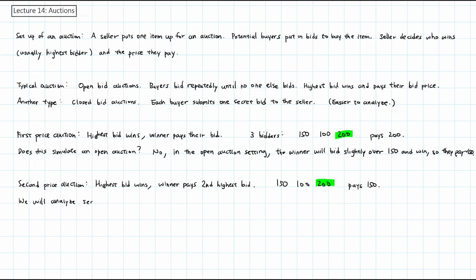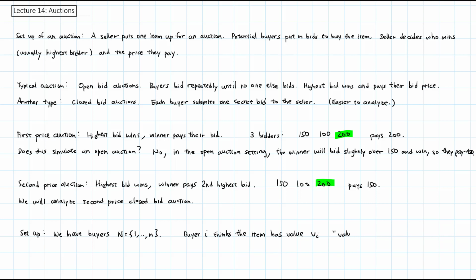We now analyze this auction. For the setup of our auction, we have potential buyers in the set N. Buyer i thinks the item has value v_i. This is their valuation. The item is worth this much to them.